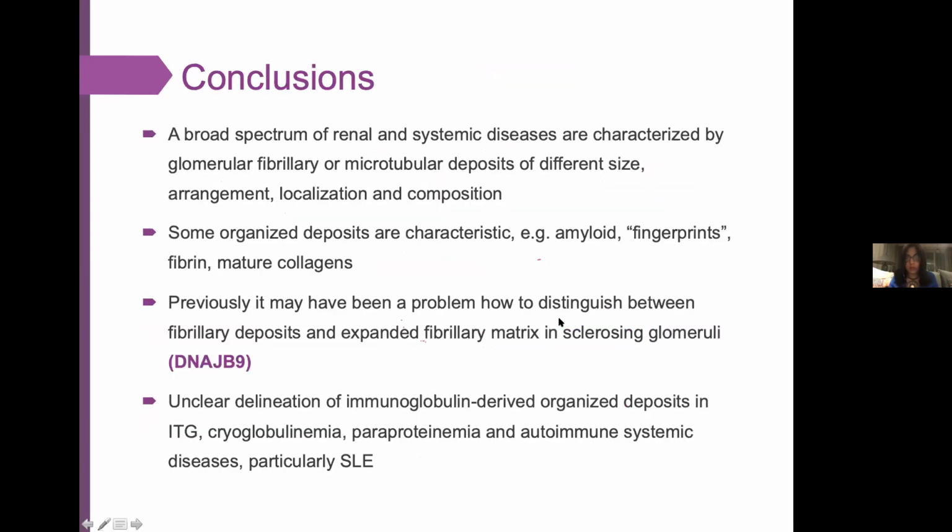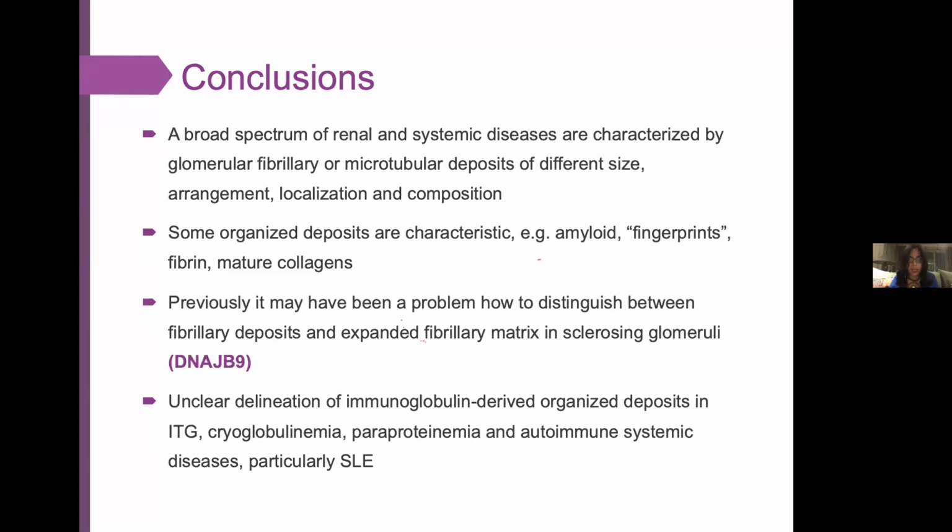So in conclusion, before we move on to diabetes, fibrillosis or fibrillary deposits in the glomeruli covers a broad spectrum. You have a broad spectrum of renal and systemic diseases which are characterized by glomerular, fibrillary, or microtubular deposits of different size, arrangement, localization, and composition.